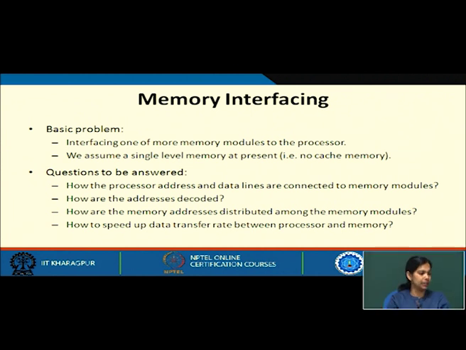Because here you have to select a module and then select an address within that module. How are the memory addresses distributed among the memory modules? That also we will be looking into. And how to speed up the data transfer rate between processor and memory. So, these are the four things that we will be seeing in this lecture.